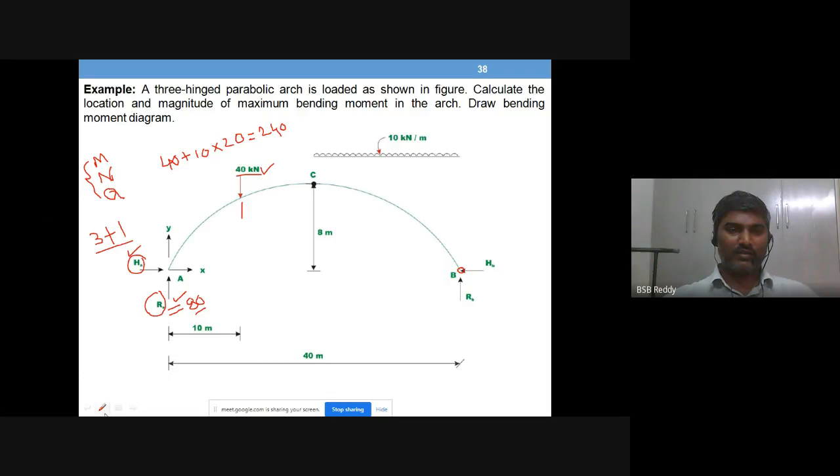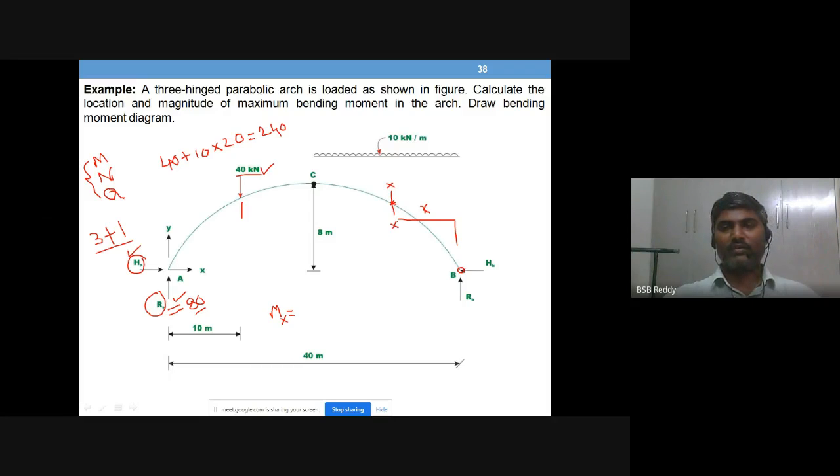Okay, right, let me take a section X at a distance of x from B. So now you need to write moment at this section M_x. So how do you write M_x? That is the next question.